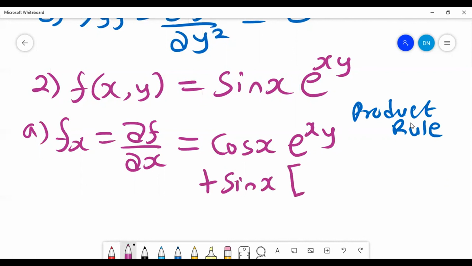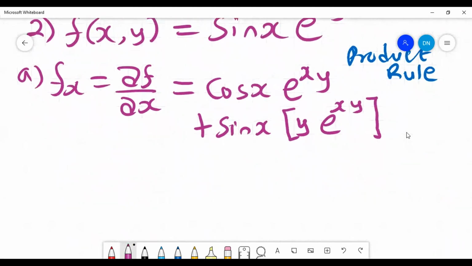How do you differentiate the exponential? You take the power, and the power is xy. We differentiate with respect to x, so you get y e raised to power xy. So that is the first derivative of f of x, y with respect to x, the partial derivative, not the full derivative.